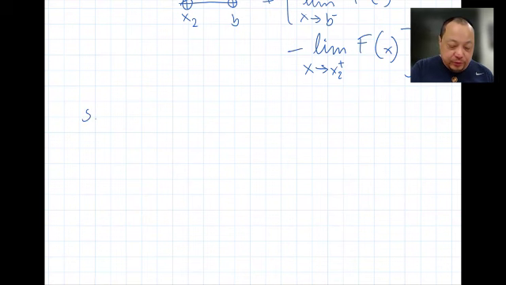So finally, I get to evaluate all the limits. I evaluate the whole expression.